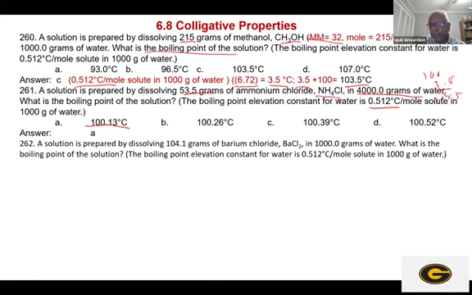You have to take into account the factor that the 1,000 grams is 4,000 grams. Therefore, lower boiling point elevation. When you do the calculation, you get 100.13. So these are similar calculations. I'm not going to go over this.